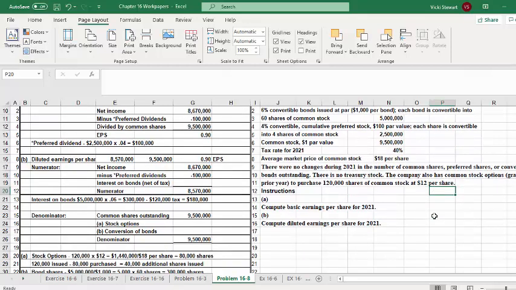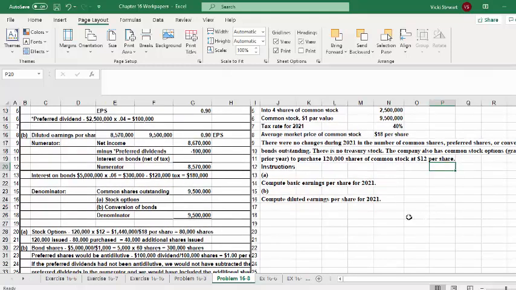So that is all the information we need to know that the stock options are dilutive. But we do need to calculate the additional shares using the Treasury stock method that would be included in the denominator for diluted earnings per share. So the Treasury stock method works this way. We take the number of stock options times the exercise price, which in this case is 120,000 options at $12, and that gives us the proceeds of $1,440,000.